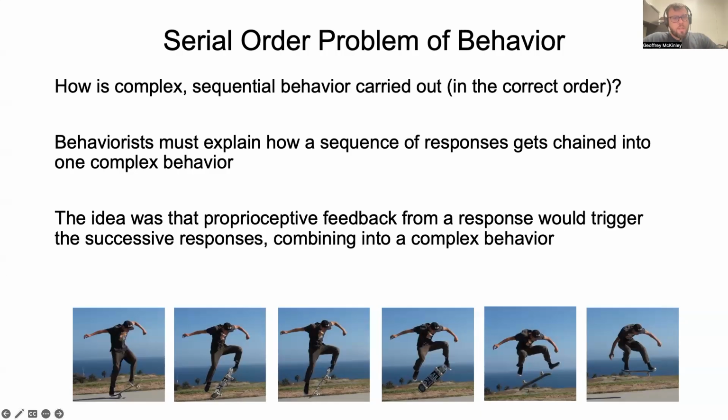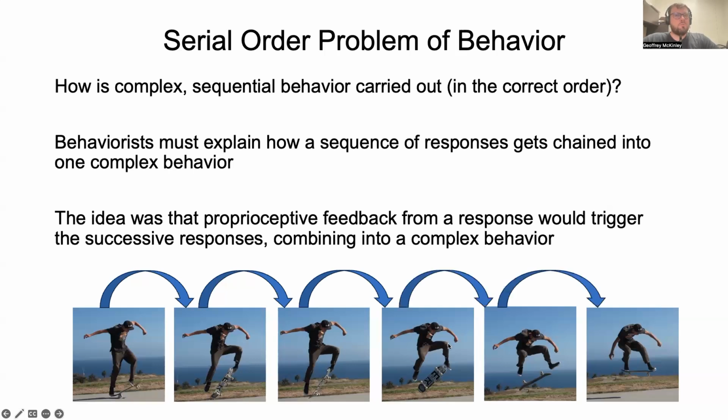So the stimulation caused by the first movement, let's say kicking the board up while popping the back tail, the proprioceptive feedback that the skateboarder perceives from their own response would trigger the subsequent response, and then the proprioceptive feedback from the second response would trigger the third response, and the feedback from the third response would trigger the fourth response, and so forth, until it becomes a complex behavior.